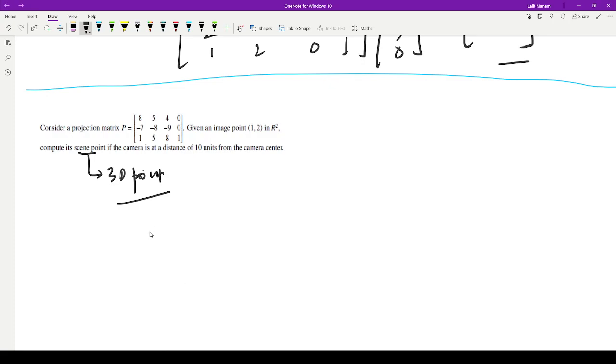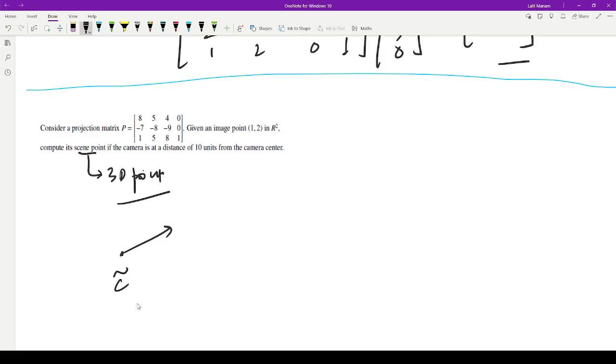So what does it mean? We need to define that ray mathematically. For defining a ray, what do we need? We need a starting point and a direction vector. The starting point we know here is C tilde, which is the camera center.